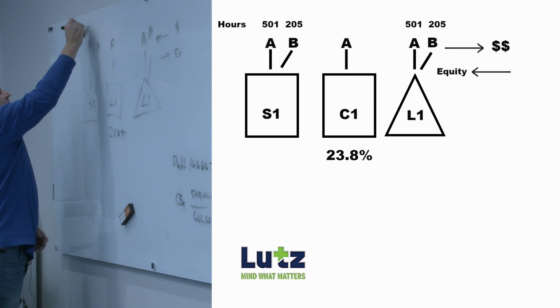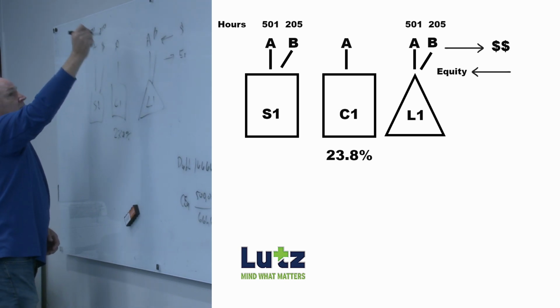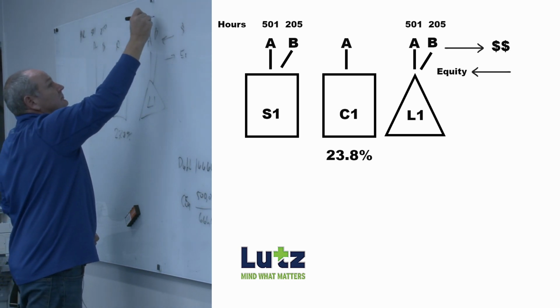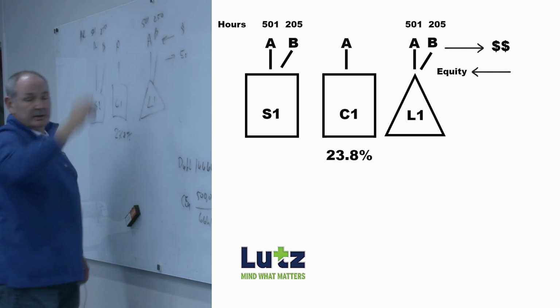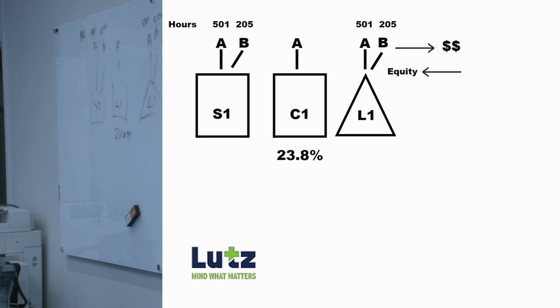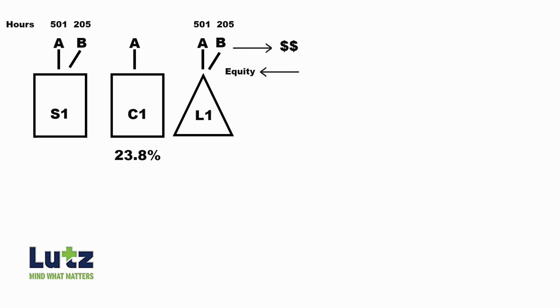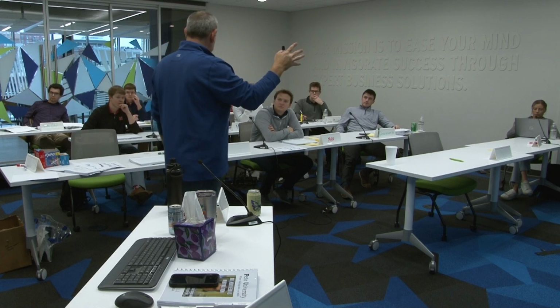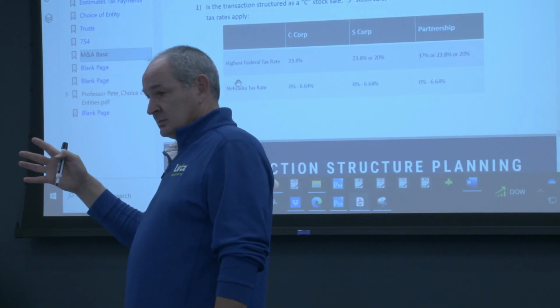Now, I'm going to put hours. Why am I talking about hours? With the passive activity loss. So now we have another hook in the importance of the passive activity rules.